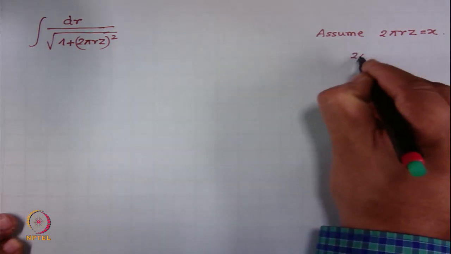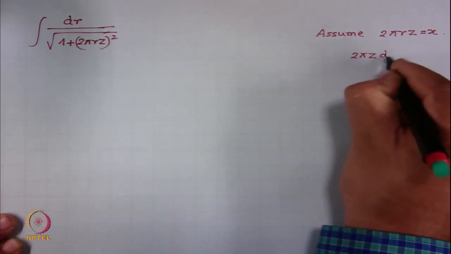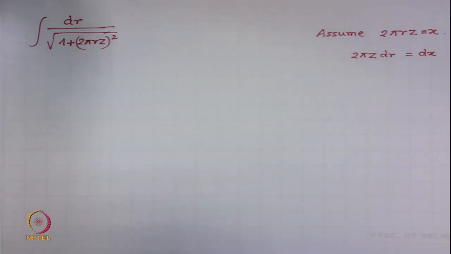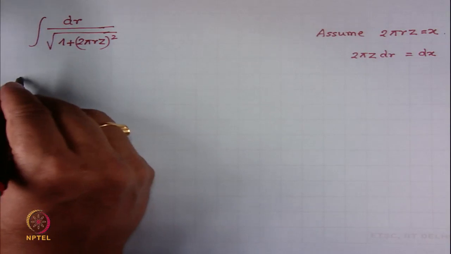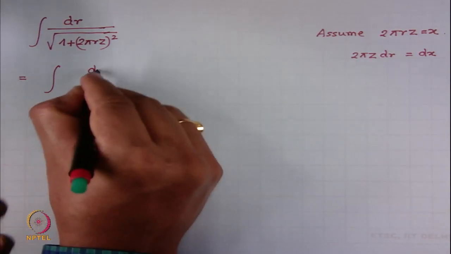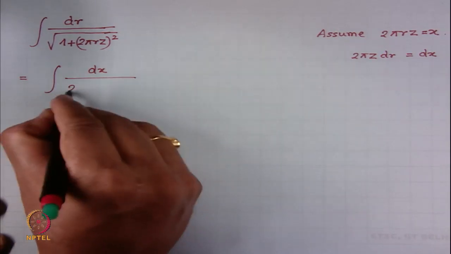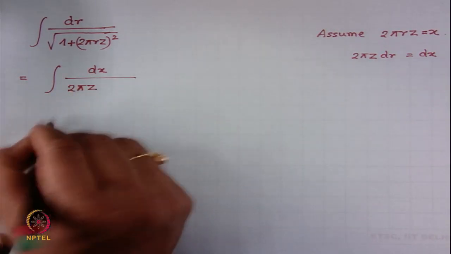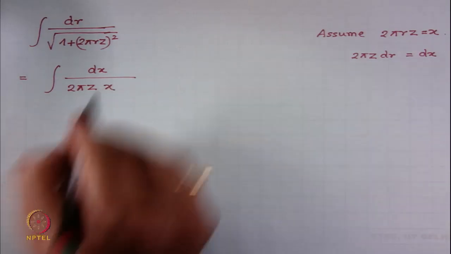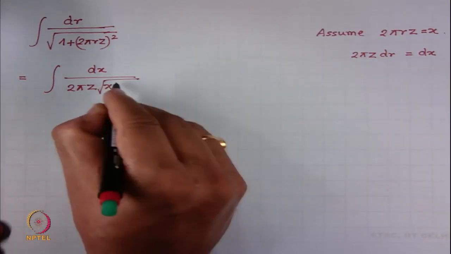So, 2 pi z dr is equal to dx. So, integration dr is dx by 2 pi z and this is root over x square plus 1.